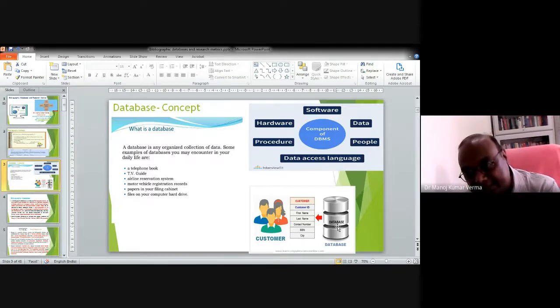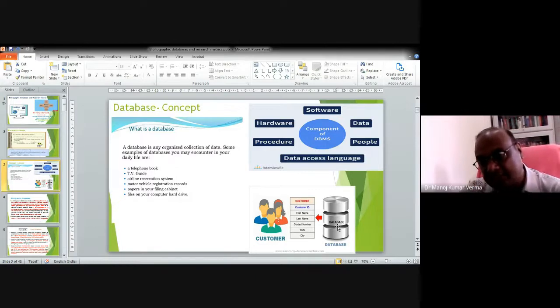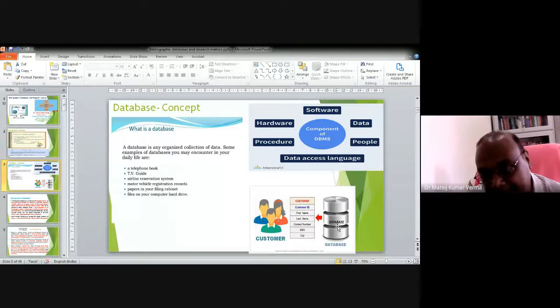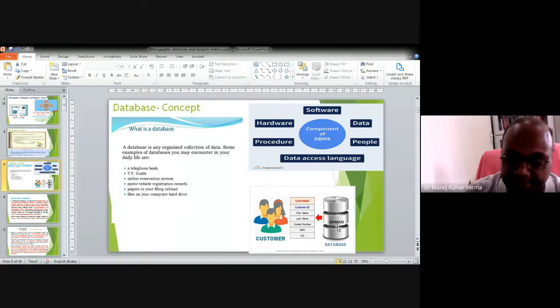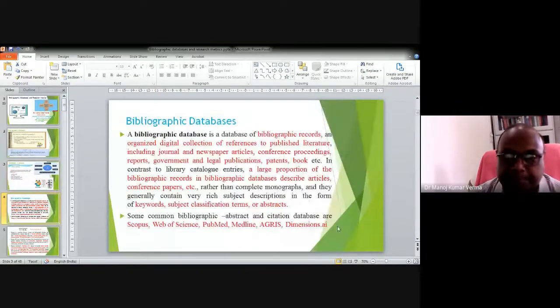Once the database is ready, next time they will come by RFID system or computerized system, with no need to search. They will just scan their ID card and their account will open. Why is it opening automatically? Because that customer data is now shifted from the application form to the computer in the form of a database. That's why it is automatically opening.